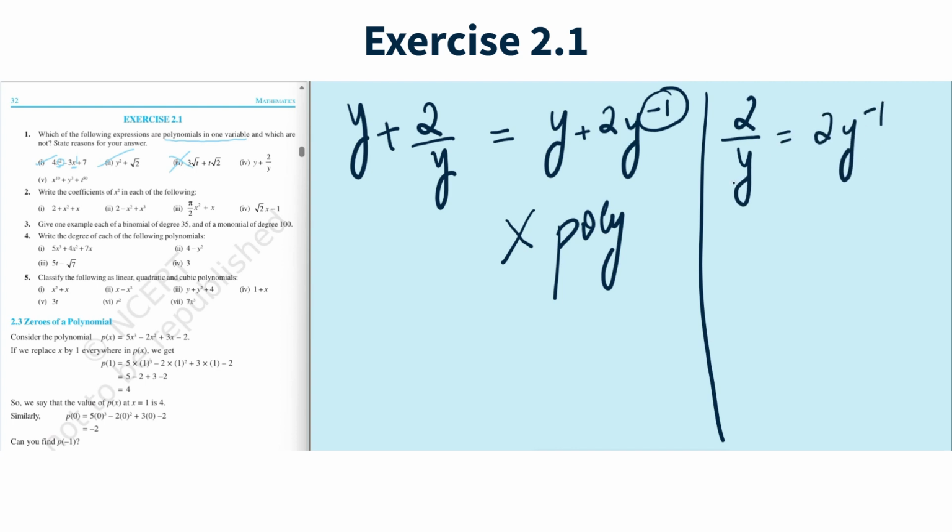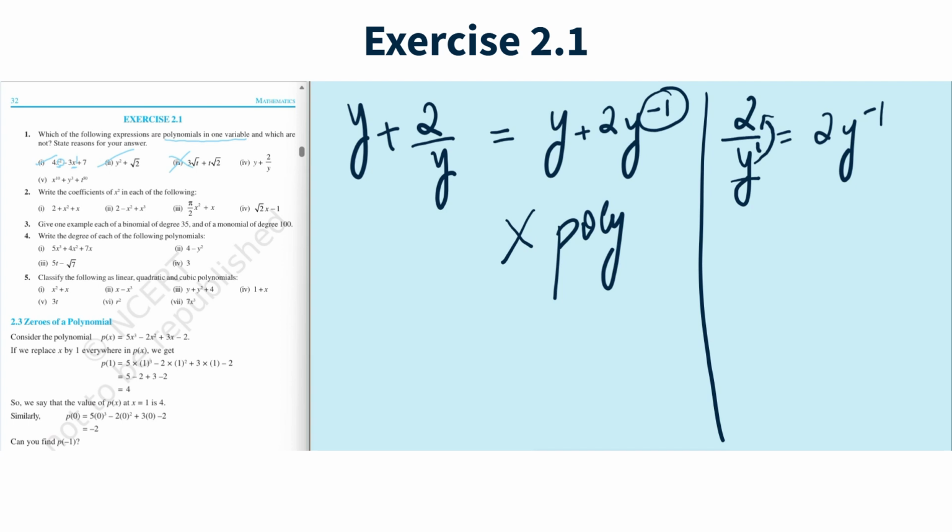When I have something in my denominator, I want to bring it up to the numerator. And when this thing goes up, the power of this expression or variable will become negative. Here, when there's nothing, it means that there is power 1. So when that goes to the numerator, it changes its sign.